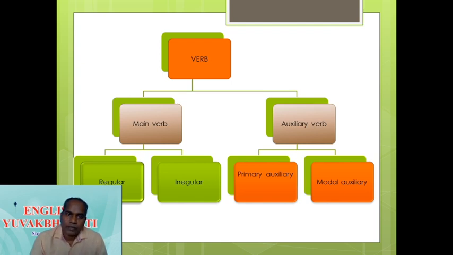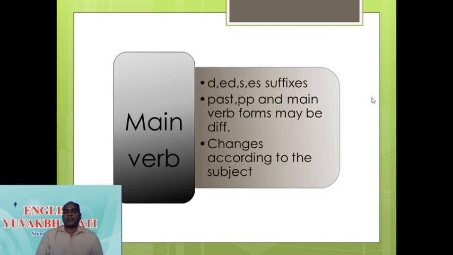So for identification of main verb or auxiliary verb, there are some clues which have been given. Let us learn. Main verb may have suffixes like d, ed, s or es.